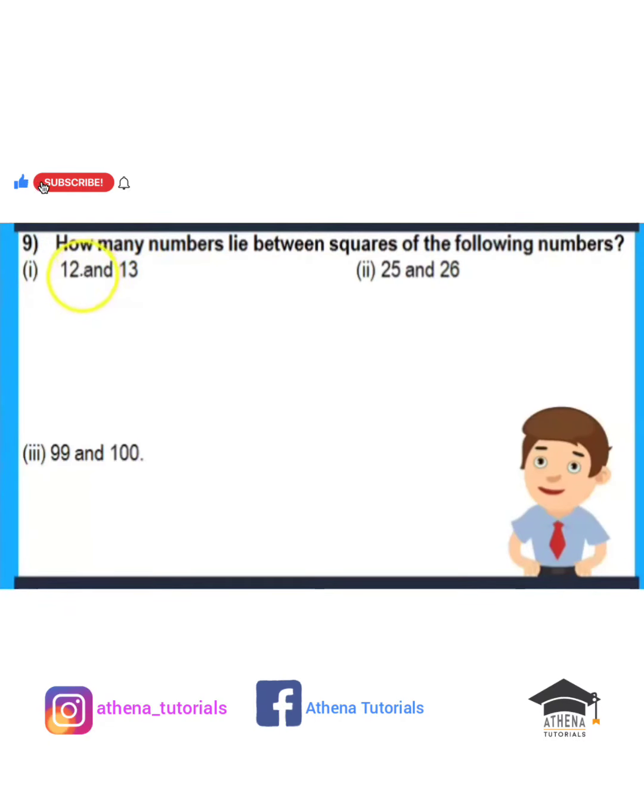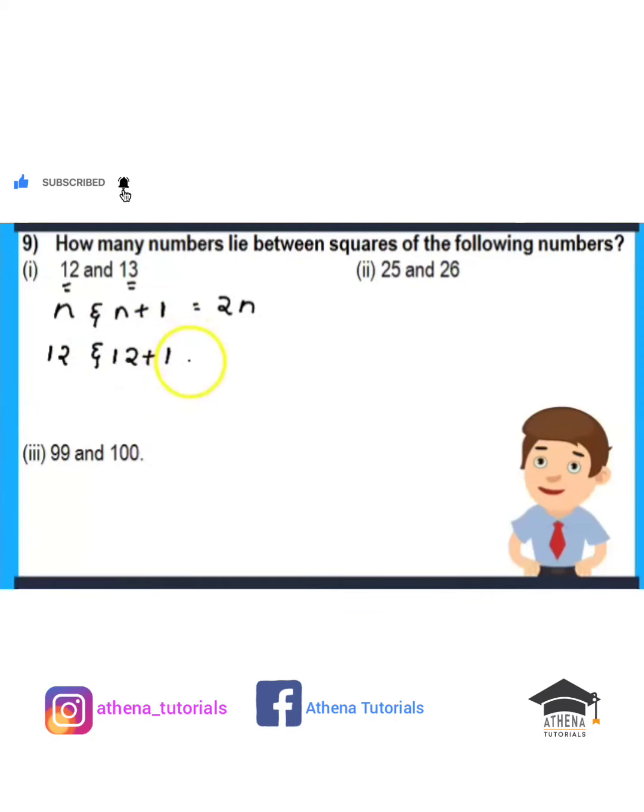To solve this problem, first we need to know this. Numbers between the squares of numbers n and n plus 1 is equal to 2n. Just observe carefully here. See, n is 12. 13 is the next number. 13 will be 12 plus 1, right? That is n plus 1.